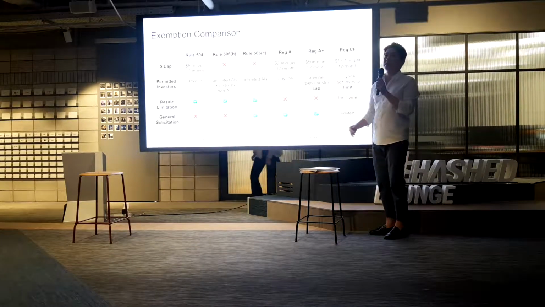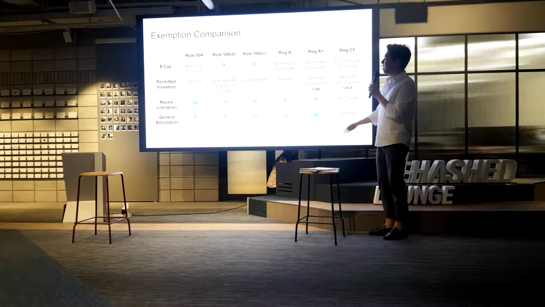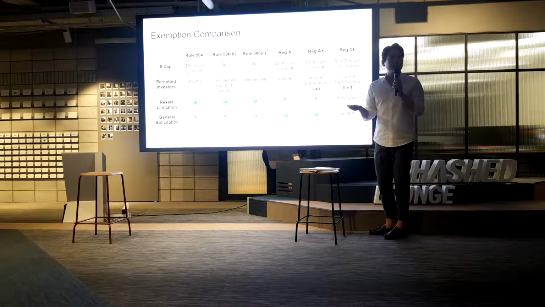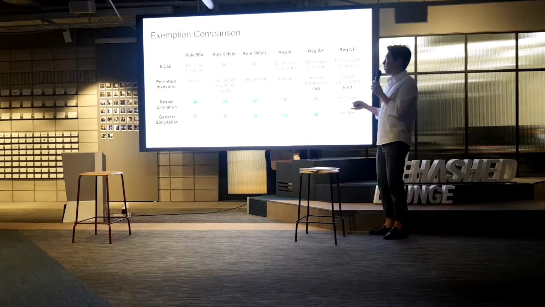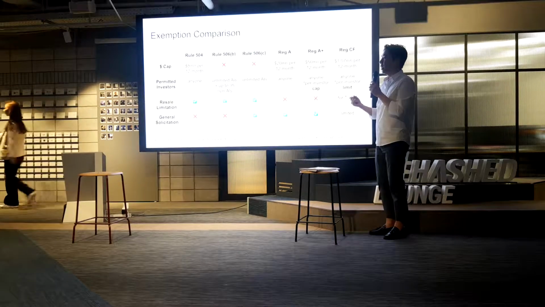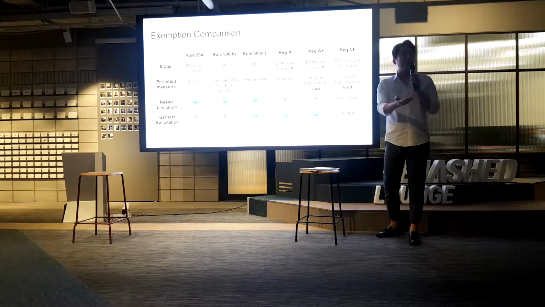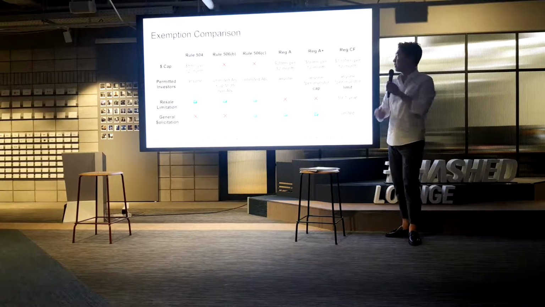The dollar cap is how much money you can raise under each regime. Two, who are the permitted investors? Three, is there any resale limitation? And four, can you solicit? In other words, can you go up to people and say, will you buy my securities?